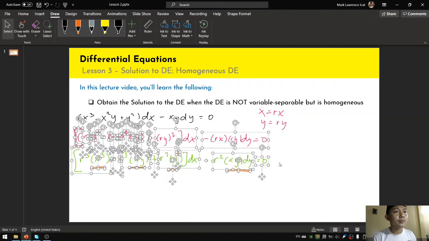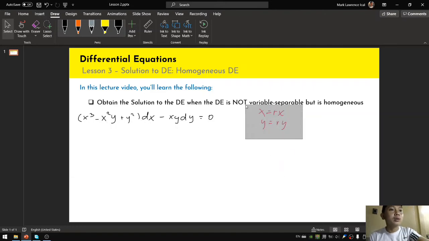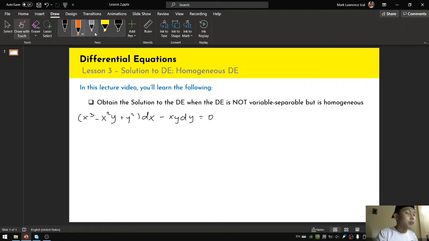Okay, so I'm going to teach you the process. So there are steps. Okay, so sabi dito, step number 1.